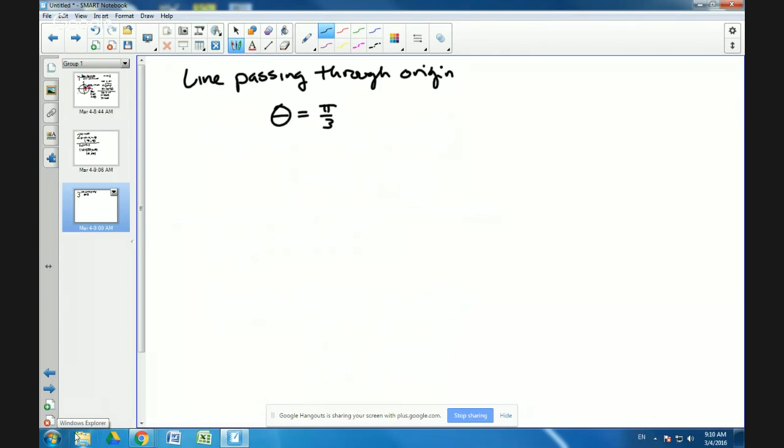No radius. Pi over 3 is somewhere in this direction. All it is is an angle. The radius is changing.